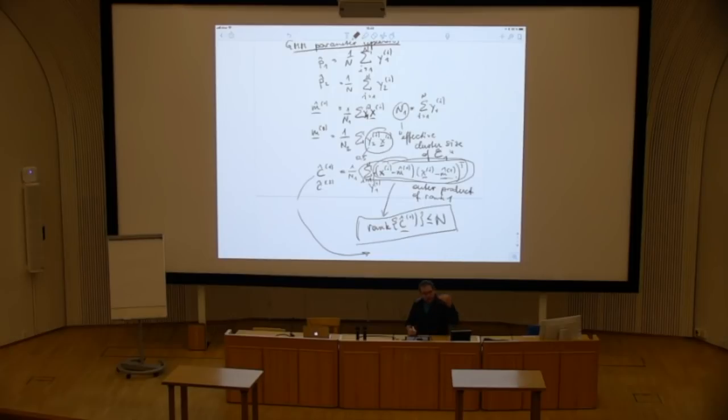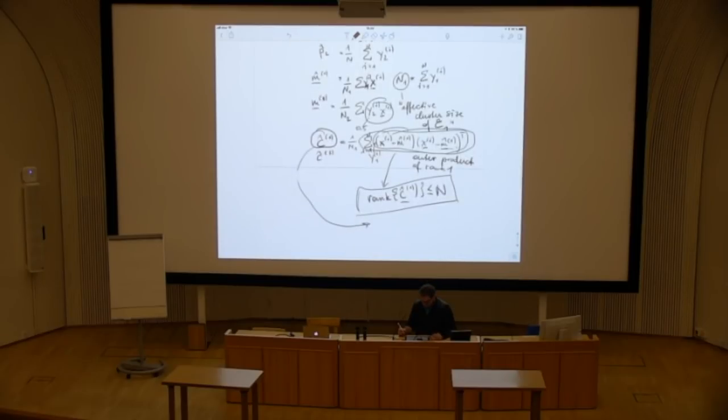How many rows and how many columns does this estimate of the covariance matrix have? No, so you compute here the feature vectors with its transposed. How large is the feature vector? D. So this is a D times D matrix.